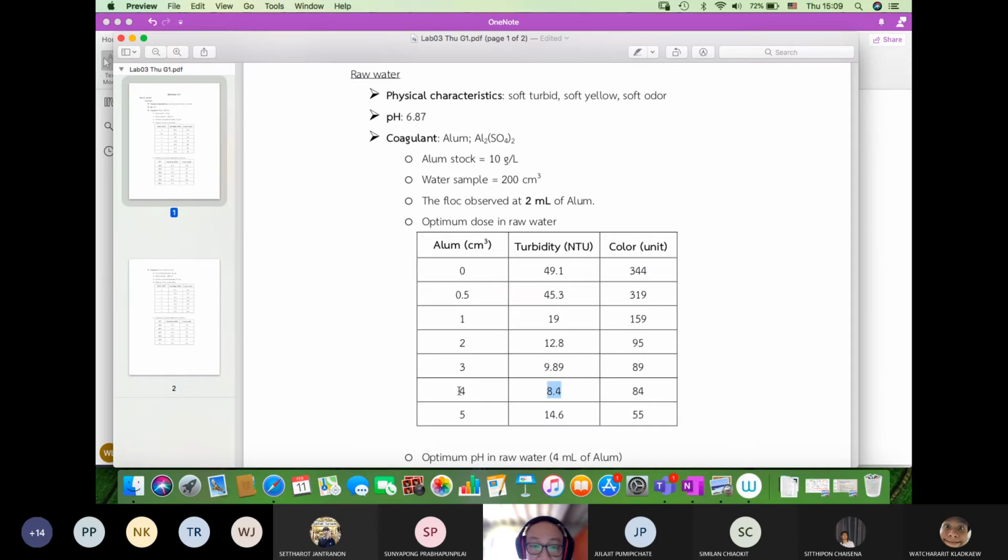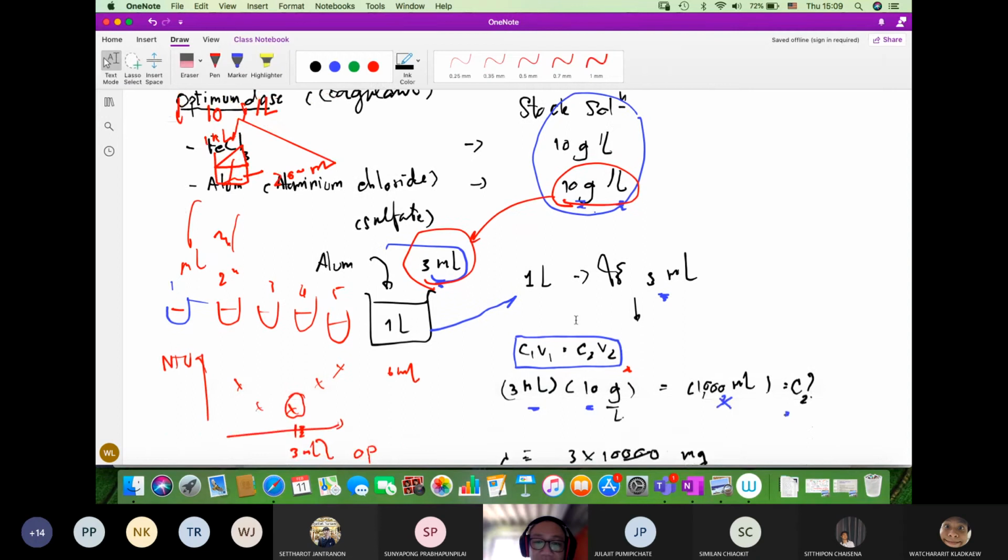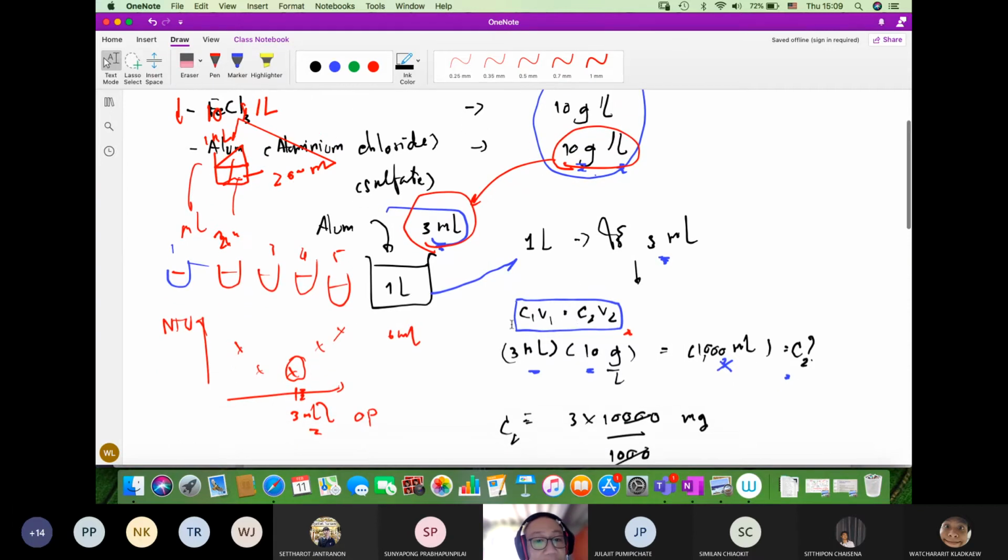So the optimum dosage should be this one. But if you really look into this information, this is volume. This is not the dosage, not the dose. So if you want to determine the actual amount of alum used, you need to calculate further.